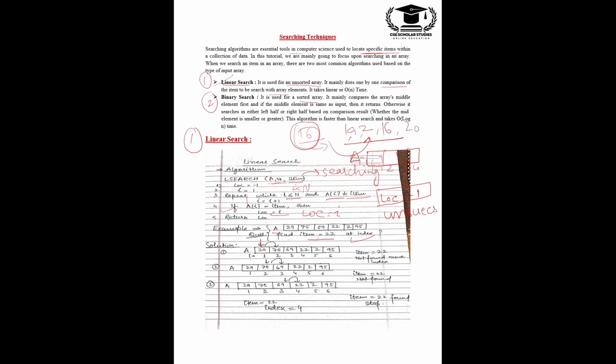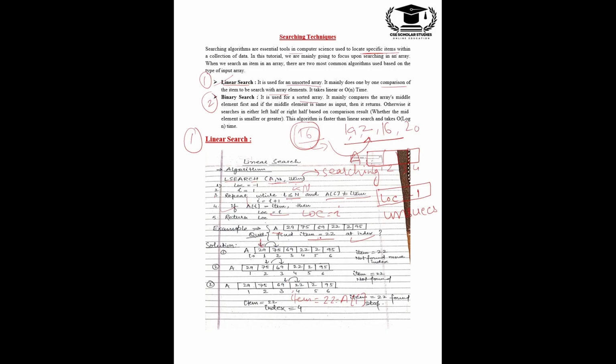Is 75 equal to 22? No. Then we move to the next element, 69. Now the pointer is at 69. Is 69 equal to 22? Not equal. Then we move to the next element, 22. The item 22 is equal to A[I], the item.